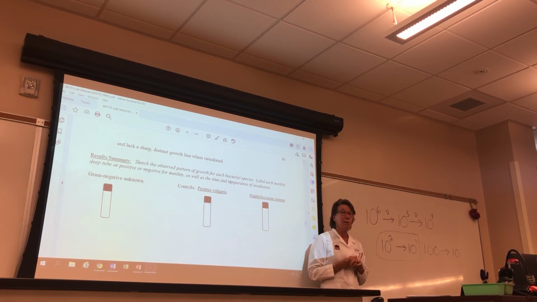No, it doesn't cause diarrhea. Proteus causes urinary tract infections. And you know how it does it? It swims up your urethra. Women are encouraged, when they use the restroom, to wipe front to back. That's so that you don't get any fecal material near the opening of your urethra, because Proteus can live as normal flora in your intestines.